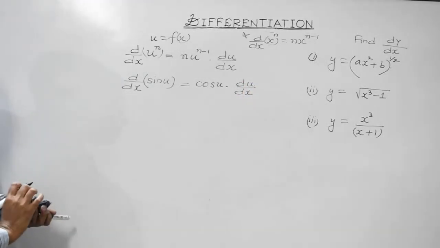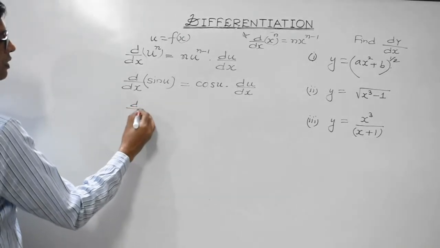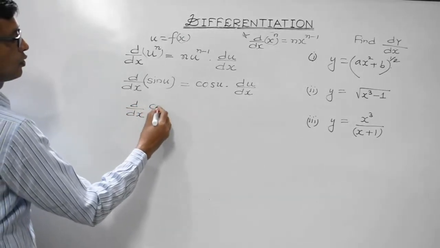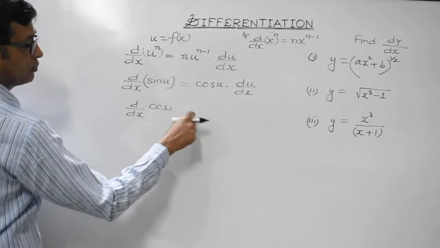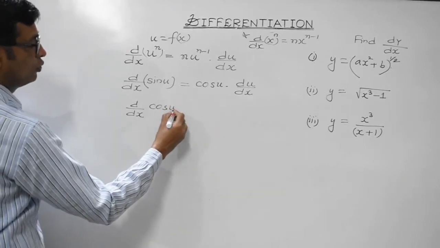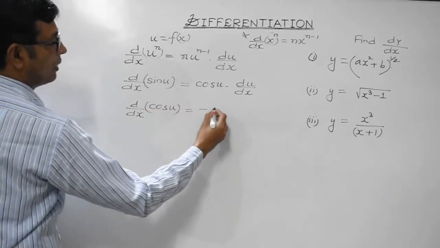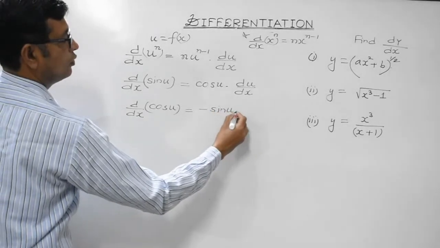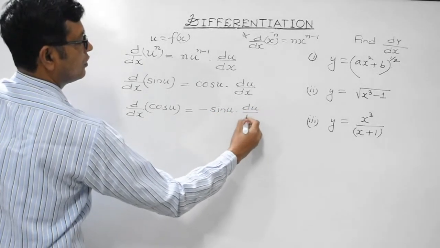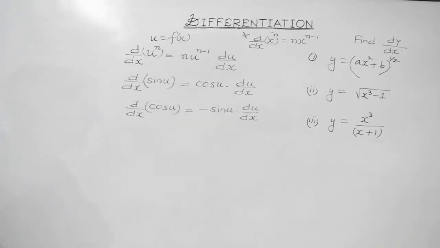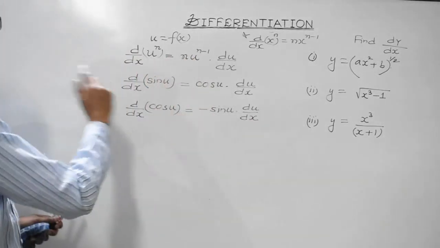Understood? Similarly, differentiation of cos x is minus sin x. So what about cos u? It will be minus sin u into du by dx. Clear? So this is the concept which is to be used.